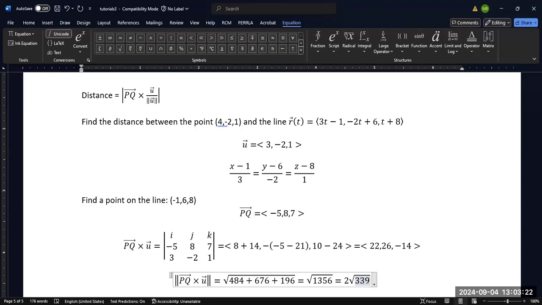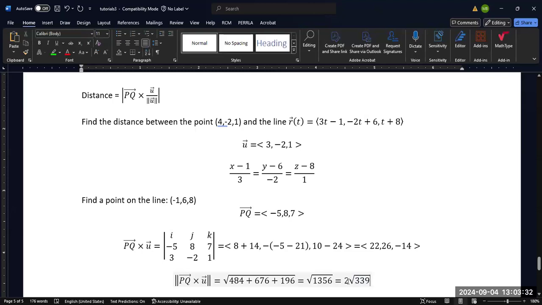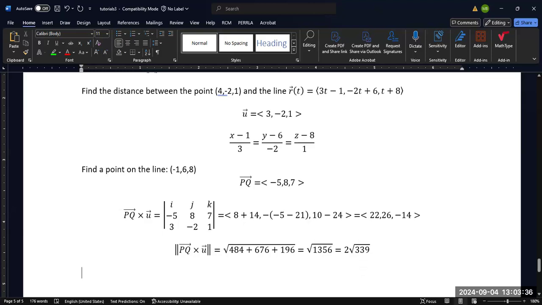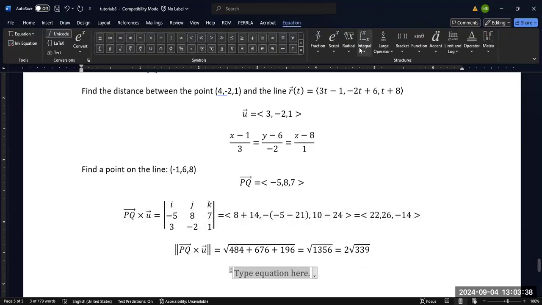Trying to think of perfect squares that might divide into that, and nothing is really coming to mind. So I think that's about as much as we can simplify. I divided out a 4 and then pulled the 2 outside the radical. And then I'm going to need to find the magnitude of the direction vector.